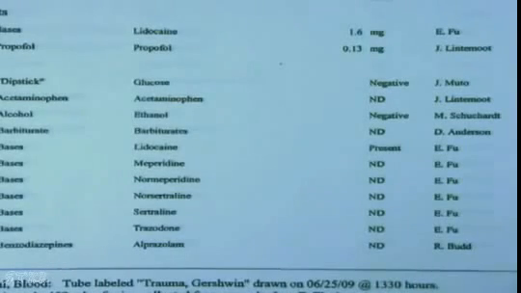Sure. We detected lidocaine in our basic drug screen and quantitated at 1.6 milligrams total drug, and that was performed by Criminalist Fu, as well as propofol, again, and we found 0.13 milligrams, and that was performed by the same analyst, Lintemuth.